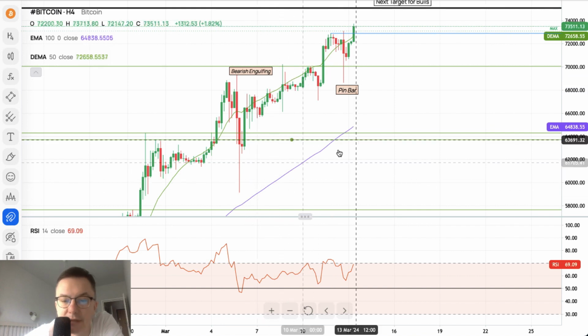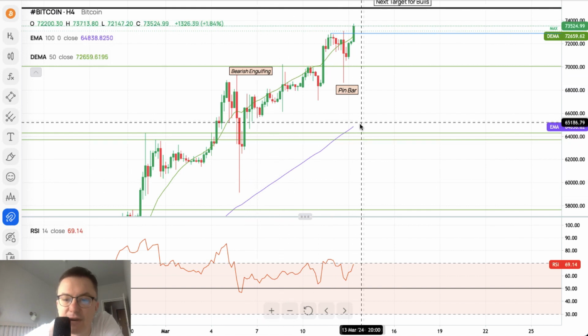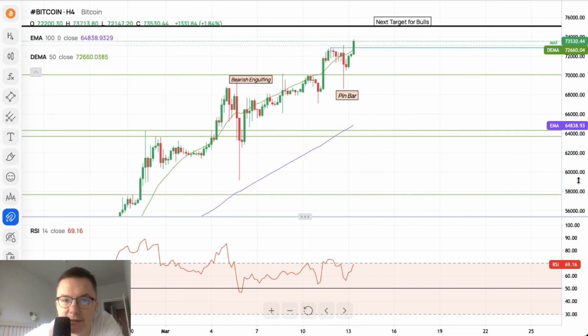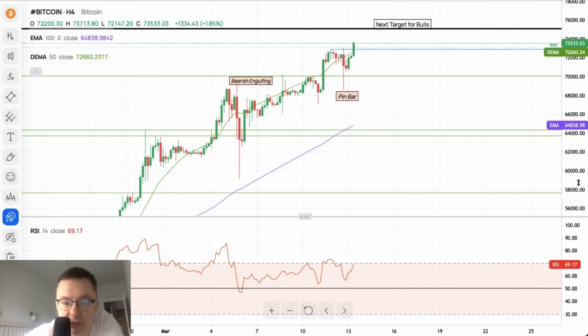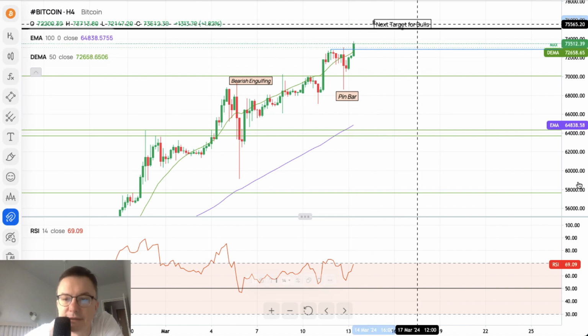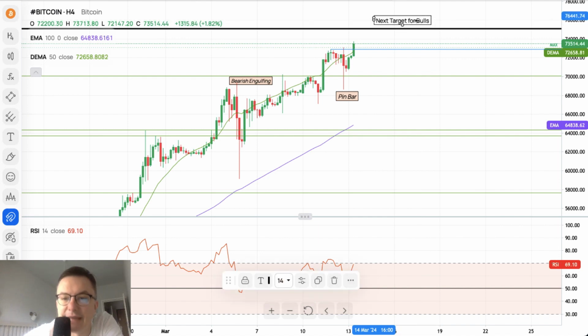Of course, the 100 periods moving average on a 4-hour chart is far away from the price, which means that the market still maintains the bullish outlook. Nothing changes here since yesterday. The outlook is still bullish, and other targets should be hit very, very soon. $75,000 next.